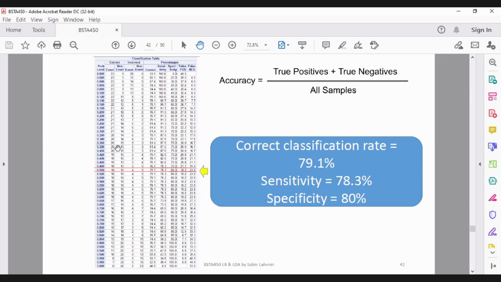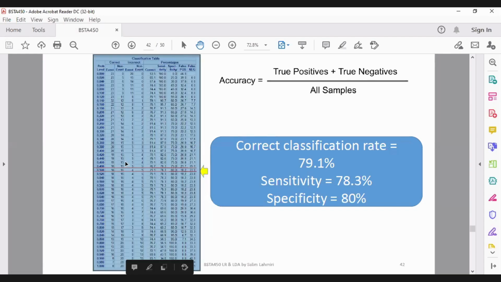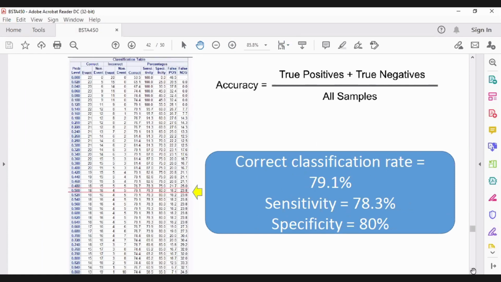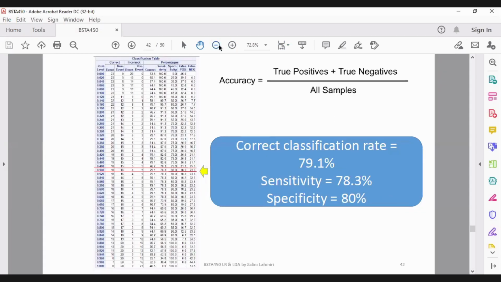So by varying the cutoff, you got different correct classification rate, different sensitivity metrics, and different specificity values. By default, set the cutoff to 0.5. This is the default value also for all statistical packages. Any question regarding this, please?